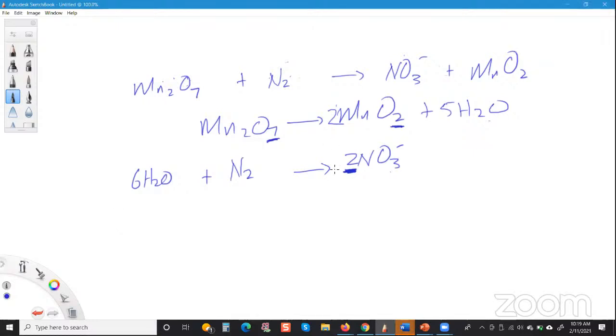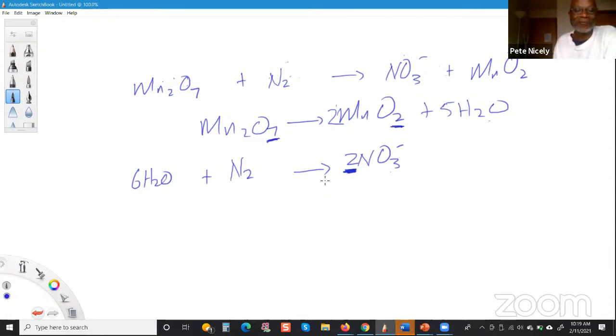Place electrons on. Nope, you're skipping a step. In fact, I made the same mistake in one of the examples. I skipped a step. What step is that? Oh, by the way, hold on. No, you're right, actually.